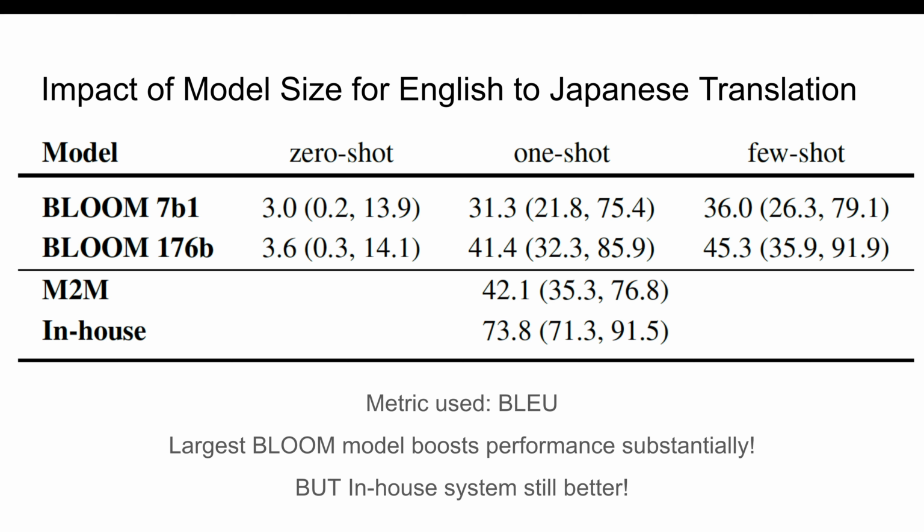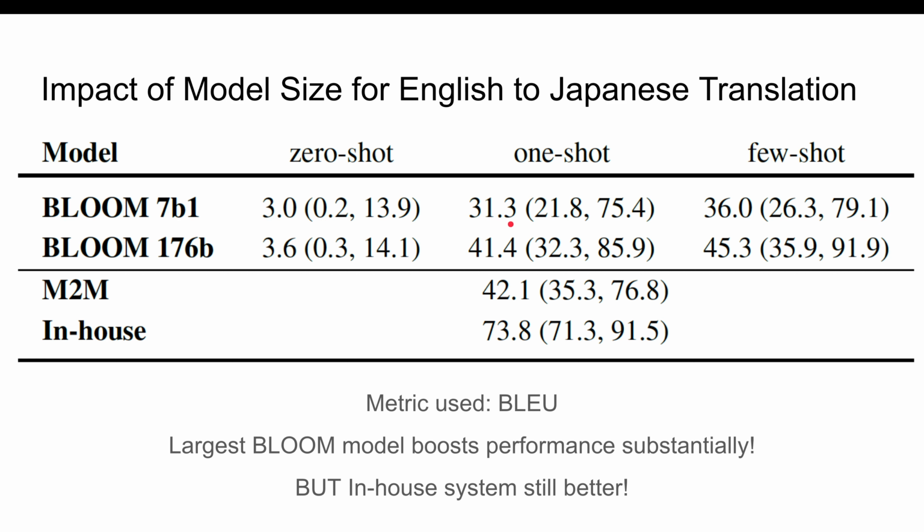Next, we also studied the impact of the model size for English to Japanese translation, where we introduced the 176 billion parameter BLOOM model, where we observed that in a zero shot setting, it does as badly as the 7 billion parameter model. But when you start introducing more shots, like 1 and 4 shots, we can see that the BLOOM 176 billion parameter model is substantially better than the 7 billion parameter model.